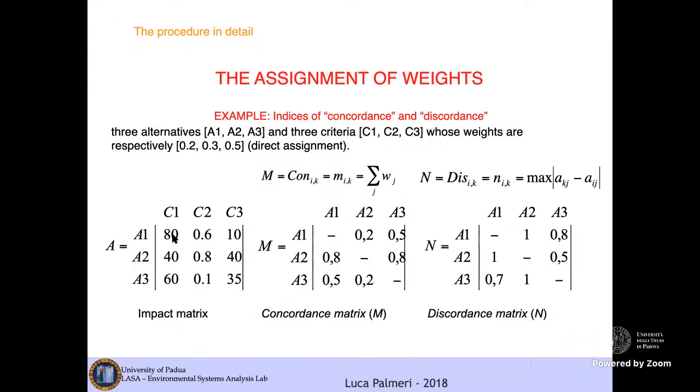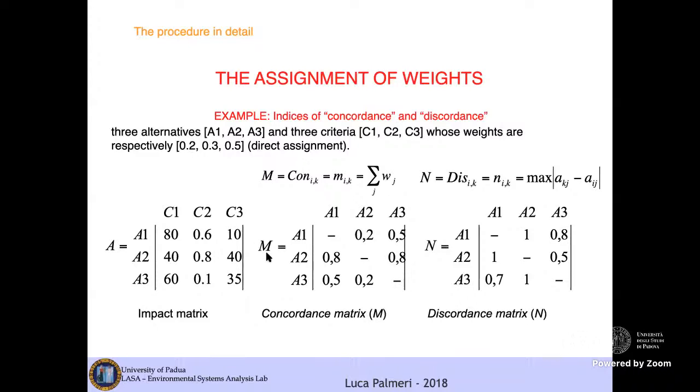In the case of criteria 1, we said alternative 1 wins against alternative 2. Alternative 1 has, sorry, criteria 1 has the weight 0.2. In the case of criteria 2, alternative 1 loses. So you only include the weight of the criteria for which the alternative wins. So in this case, you put 0.2, that is exactly the weight of criteria 1.